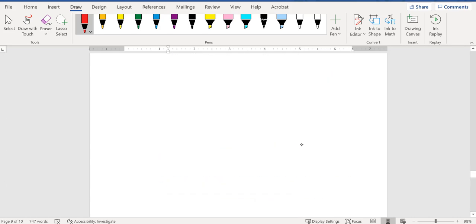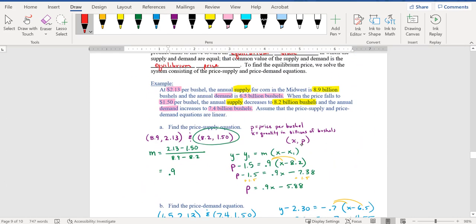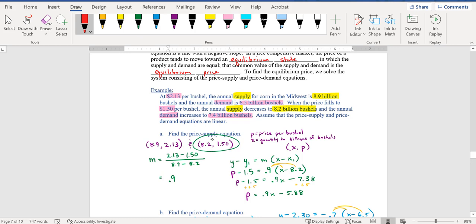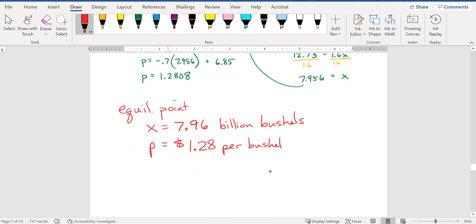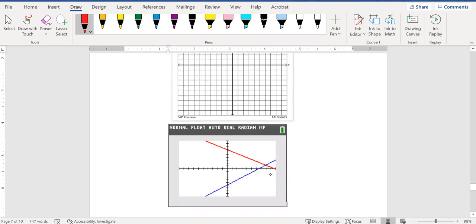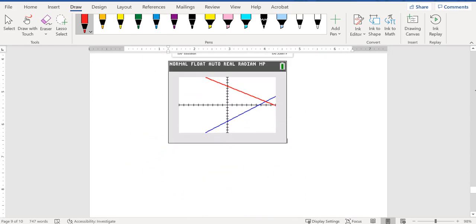Okay, which one of the two is the supply or the demand equation? Which one has a positive slope? It looks like the supply has a slope of 0.9. Okay, so the supply equation is going to be in blue. It has a positive slope.